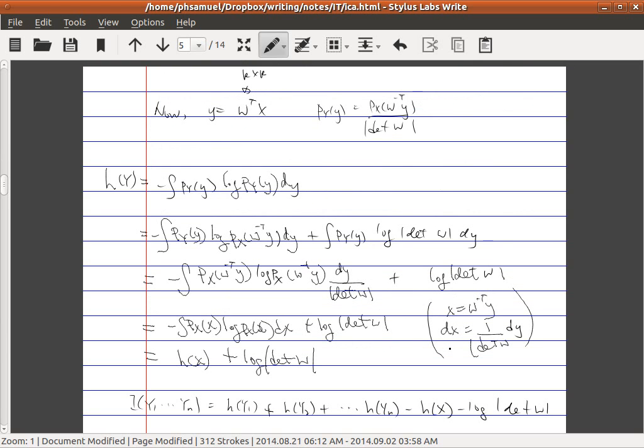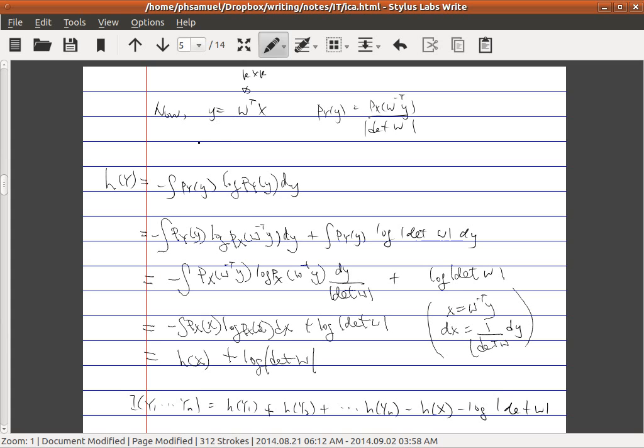Now, let's say we have y equal to W transpose x. Again, we are trying to find this W such that the resulting y will be mutually independent. So we want to find the mutual information of this y, and before that we need to find the joint entropy of y.